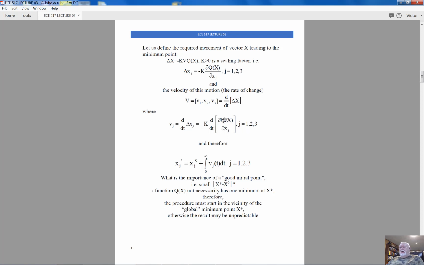So, when we take this differentiation, we have one differentiation with respect to time, and another differentiation with respect to the adjustable parameter x, and the order of these differentiations could always be changed.